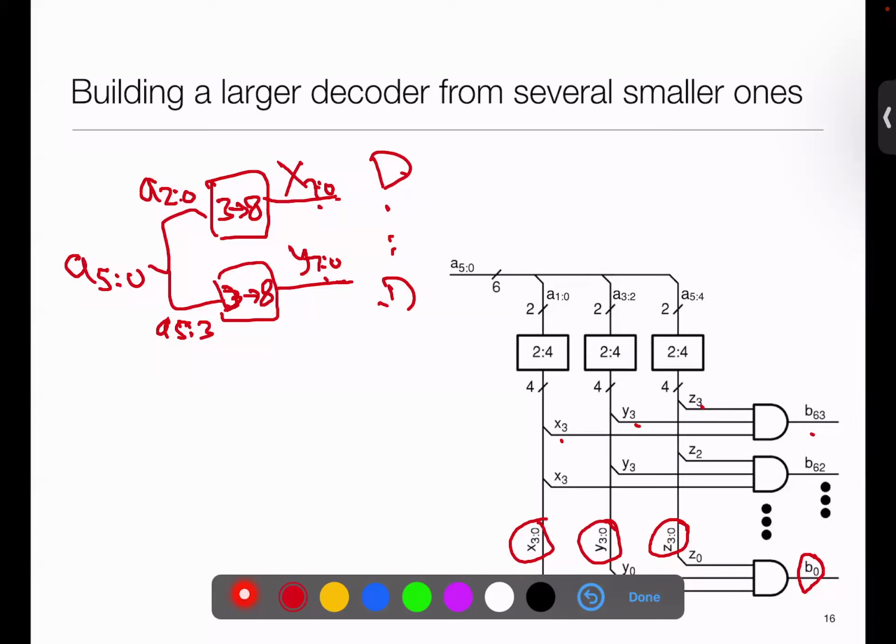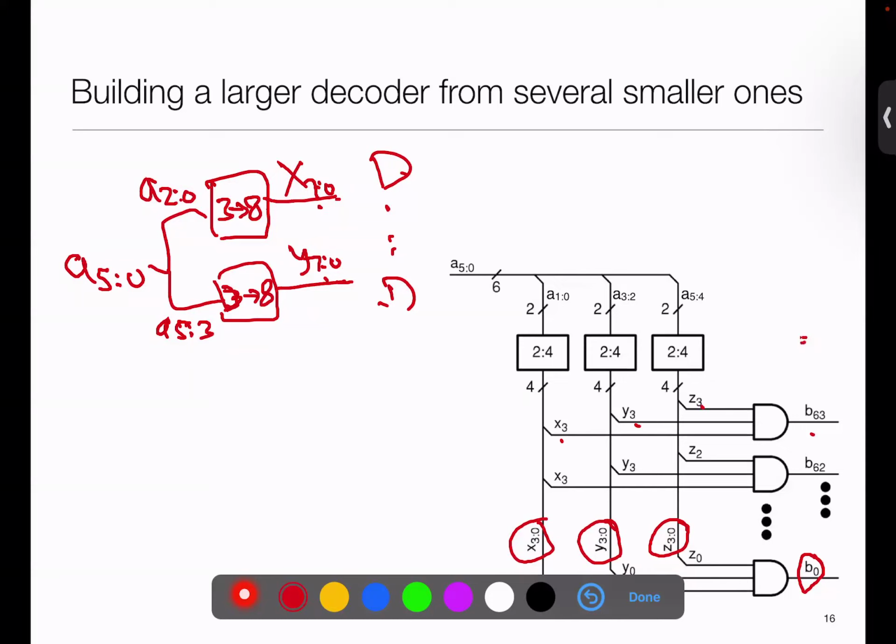So I could take smaller decoders like this, chop my input correspondingly, and map these things this way. As I will shortly show, this actually holds advantages as opposed to going the Karnaugh map approach, where you create things all the way down into 2 levels of AND and OR, right?